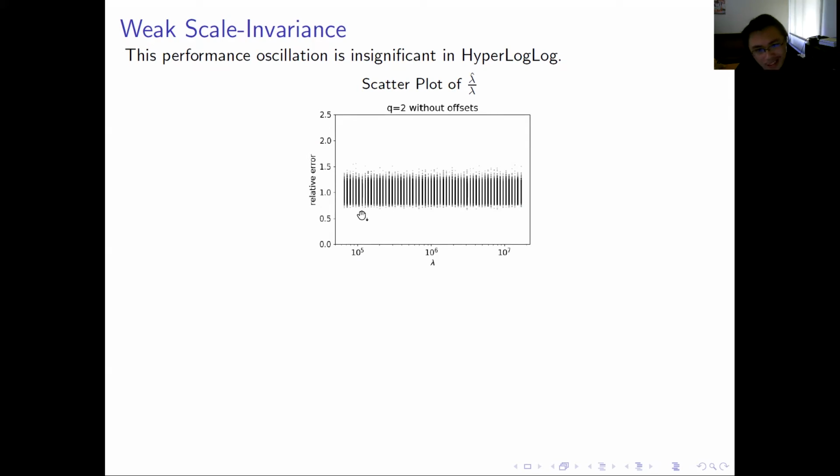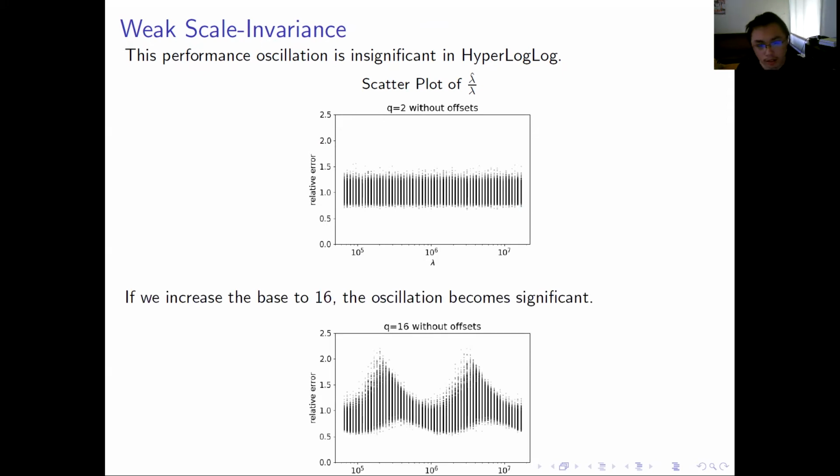You see the oscillation is insignificant. We don't spot any significant oscillation there when Q equals 2, for HyperLogLog. But as I said, you can increase the base, and once we increase the base to 16, the performance oscillation becomes significant. There are some positions where your counter has a large variance, and some positions where your counter has a small variance, and the oscillation has a period of exactly 16.